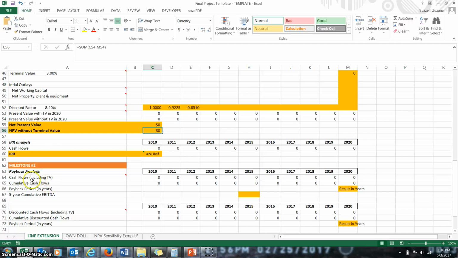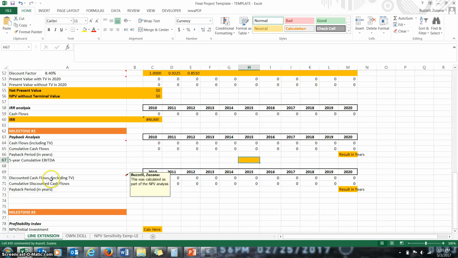Now in Milestone 2, you have the cash flows that are including the terminal value. You have cumulative cash flows, which obviously you need to calculate, or maybe the formula is in. Yep. And you will have your results in years. Then you have your payback period, which you need to calculate for me, and 5-year cumulative EBITDA.